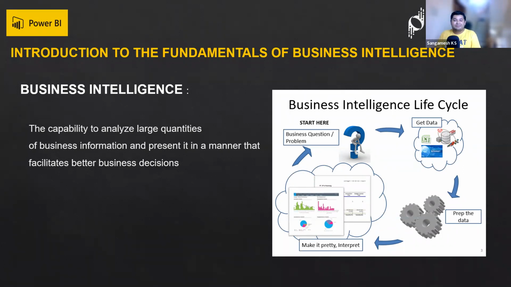Similarly, to run an organization, we require specific information like what is my sales, why my sales is going down, who is the best salesperson. Or it might be campaign management, like which specific campaign is making more revenue or generating more leads, what is my cost per click, what is my client acquisition ratio.